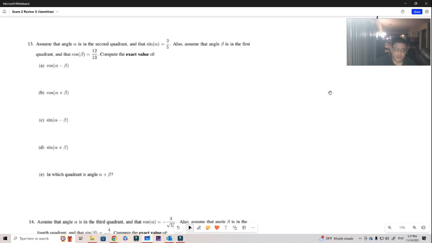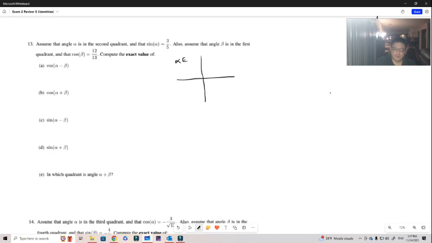So alpha is going to be an angle in the second quadrant. So alpha is here, right? And so we have that the sine of alpha is 3 over 5.